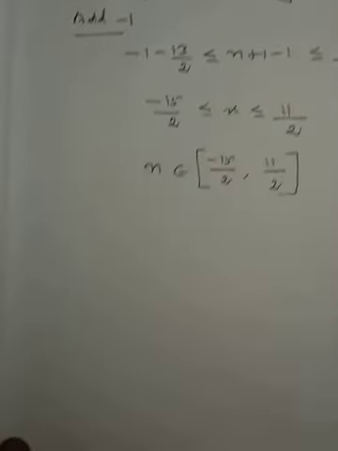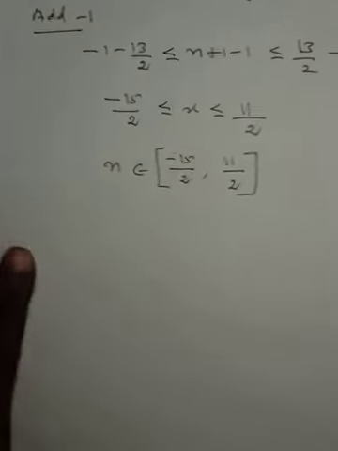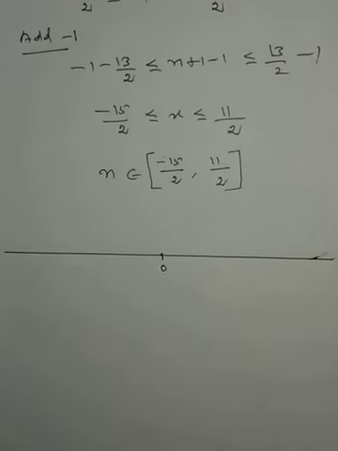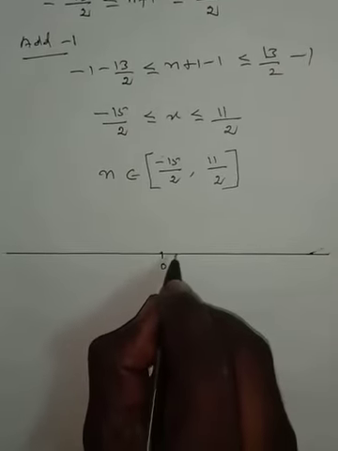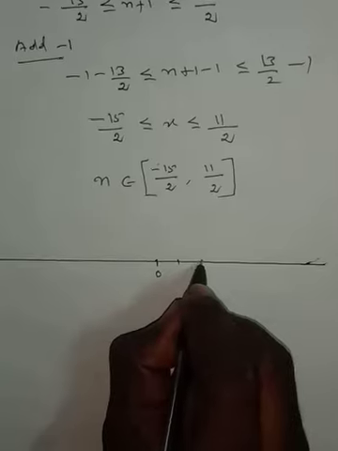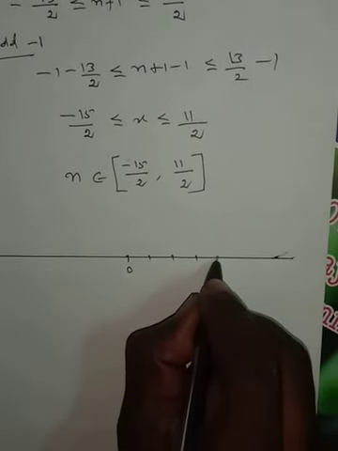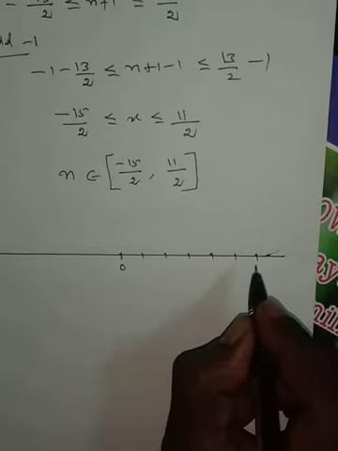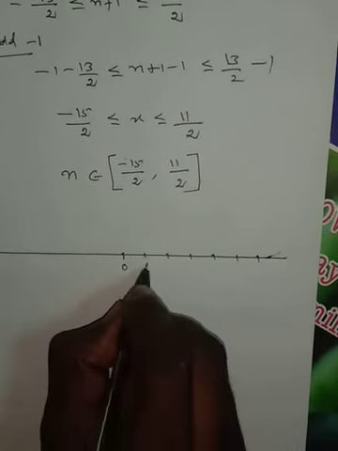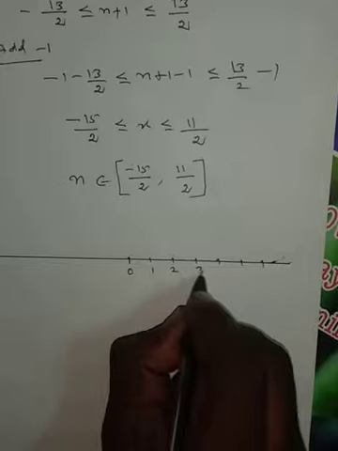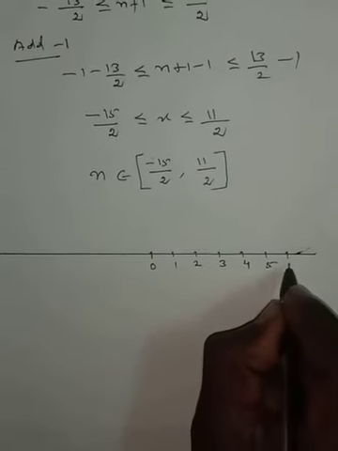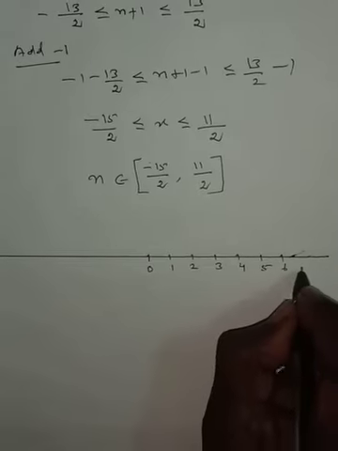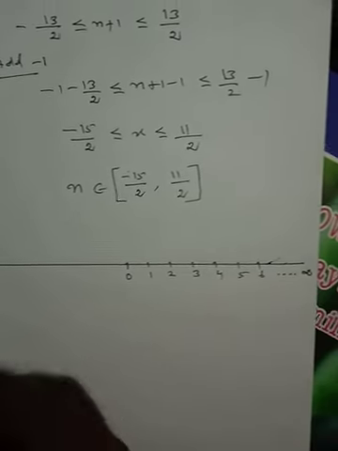Next draw a graph. Middle is 0. On this side define 1, 2, 3, 4, 5, 6 and so on to infinity.